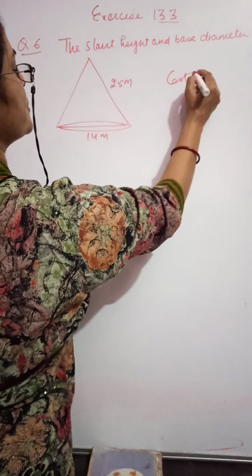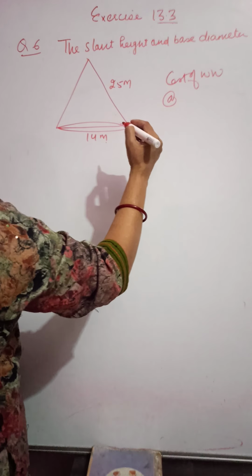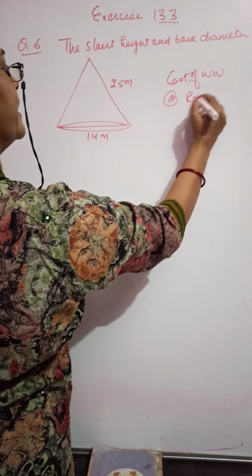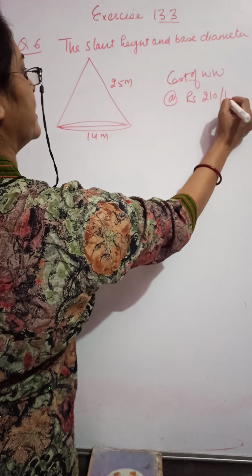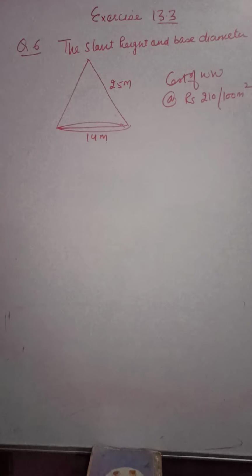Slant height is 25 meter and base diameter is 14 meter. We have to find the cost of whitewashing at the rate of rupees 210 per 100 meter square.